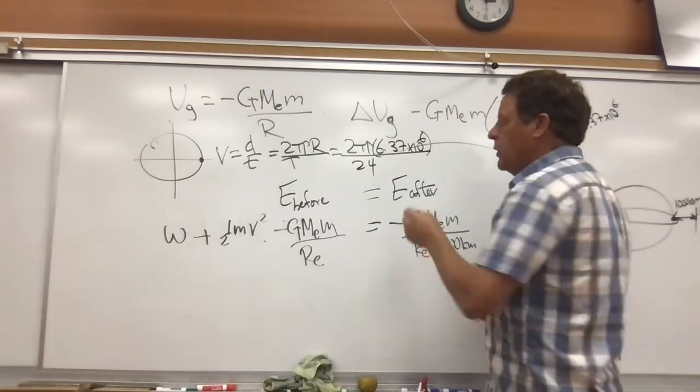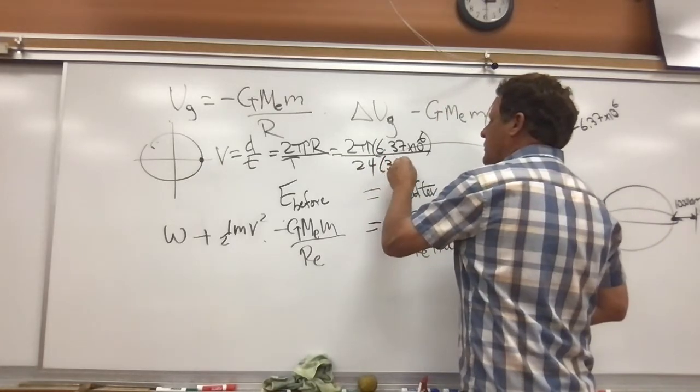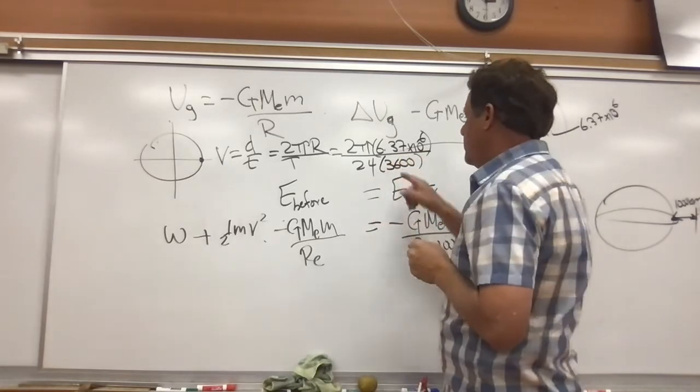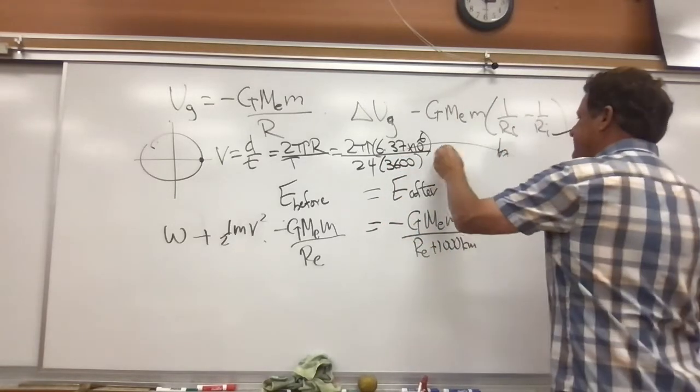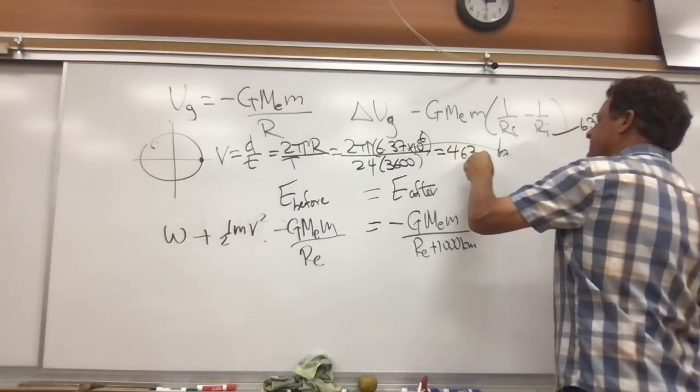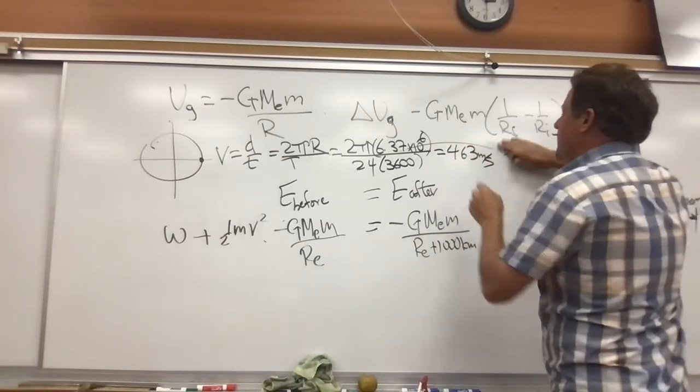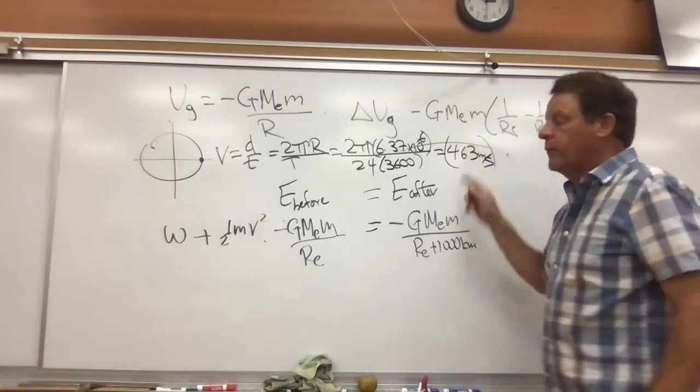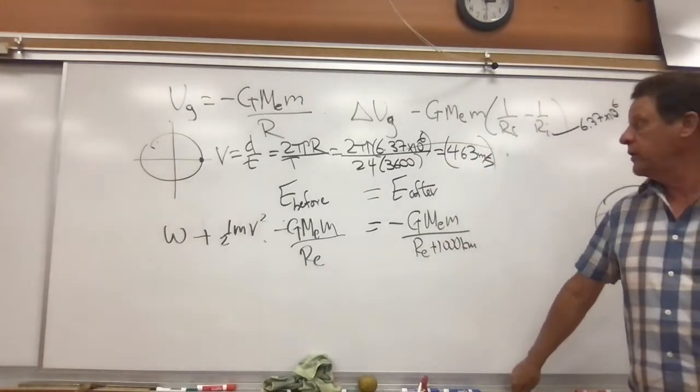But we don't want hours, we want seconds. So 60 minutes in an hour, 60 seconds in a minute, so that's going to be 3,600. That's going to end up being 463 meters per second.